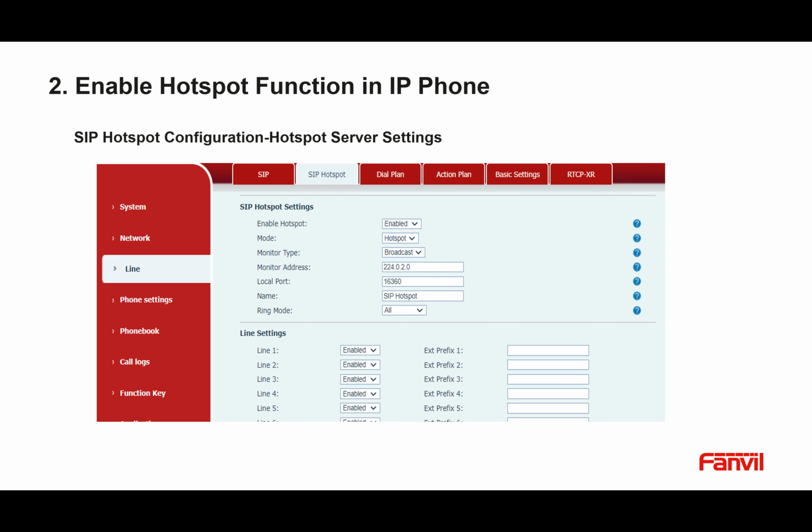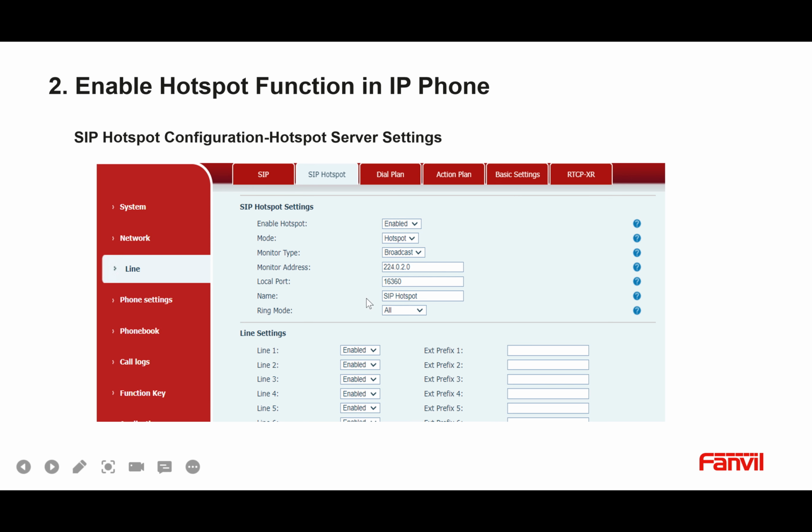The phone defaults to 224.0.2.0. If you use broadcast, you do not need to configure this address. The system will use the broadcast address of the phone's WAN port IP for communication by default.